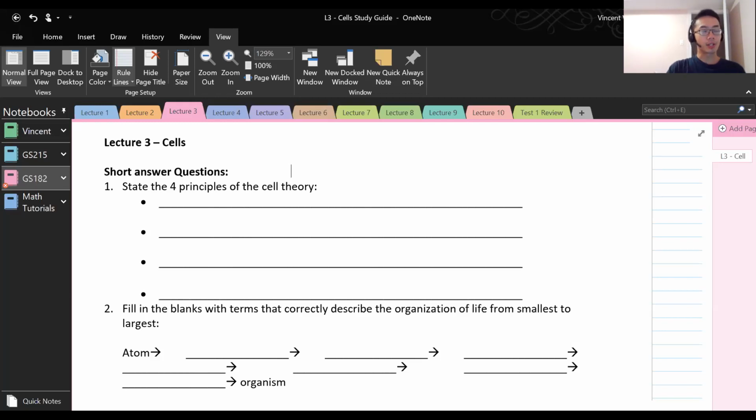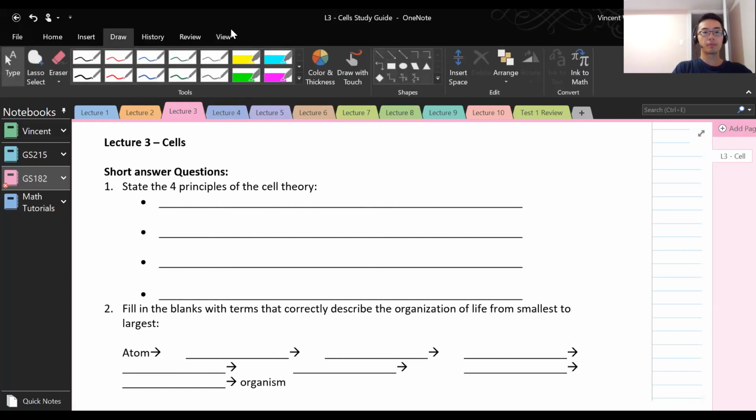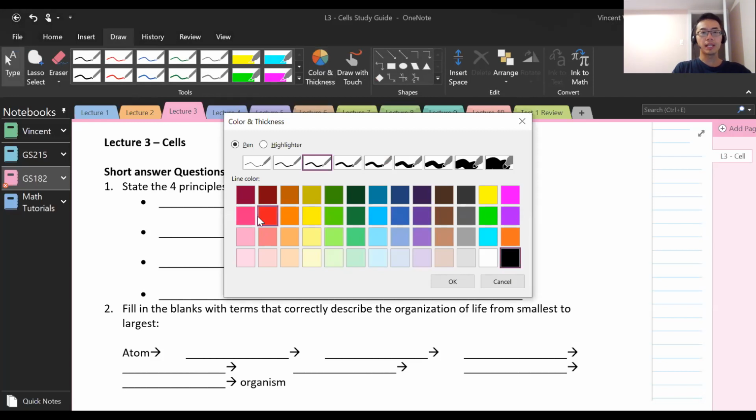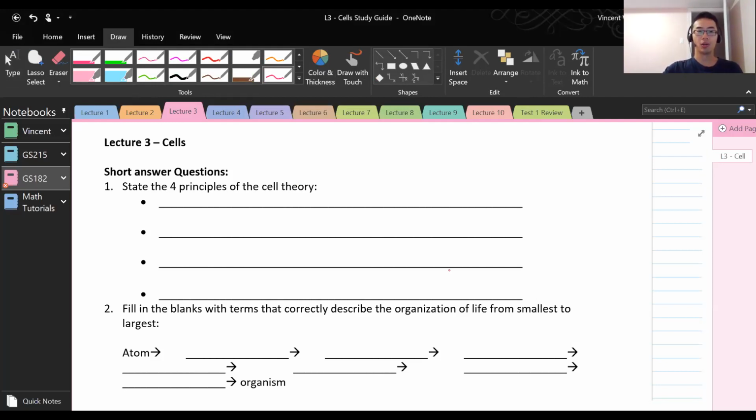Okay, let's get started. Lecture 3, cells. The four principles of the cell theory. Cell theory is one of those very important scientific breakthroughs that advanced us, because we realized there are microscopic things that we cannot actually see, and acknowledging that enables breakthroughs in medicine.